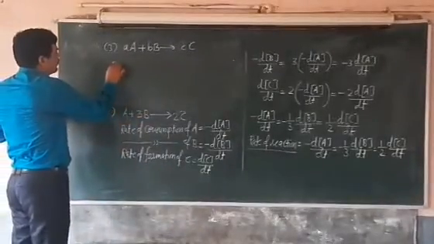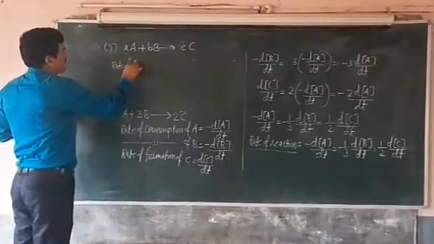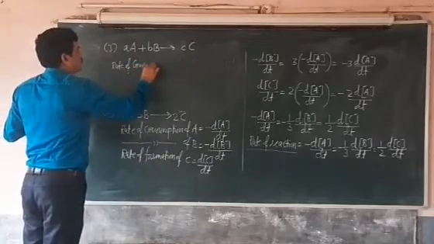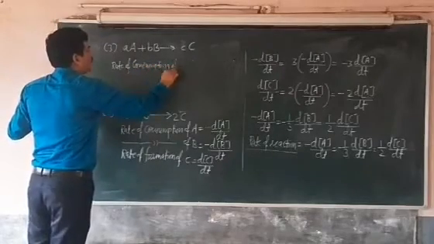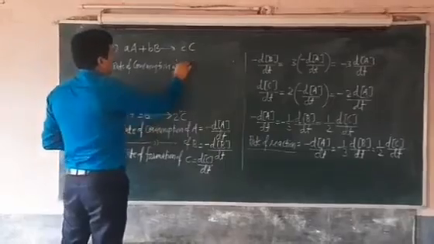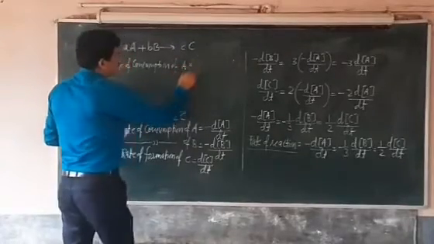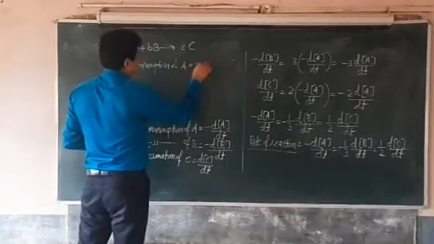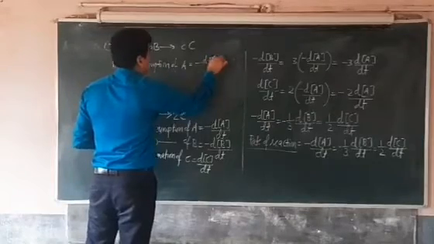the rate of consumption of A is equal to minus dA by dt.